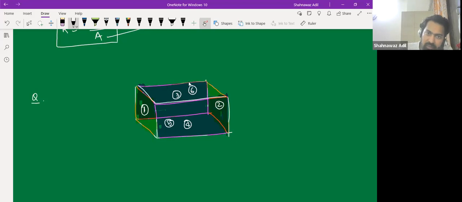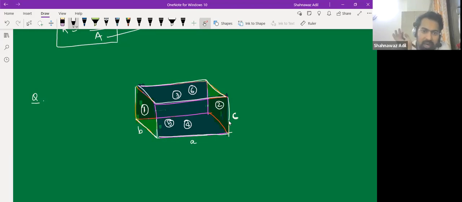Okay, so let's say the dimensions of this cuboid: this is length, let me denote it as L, then I have breadth B, and then height C, right?